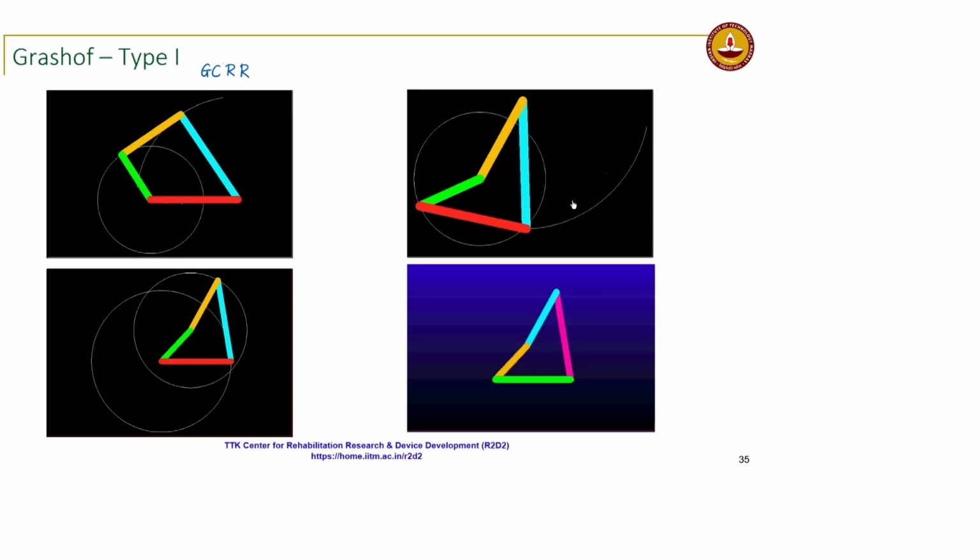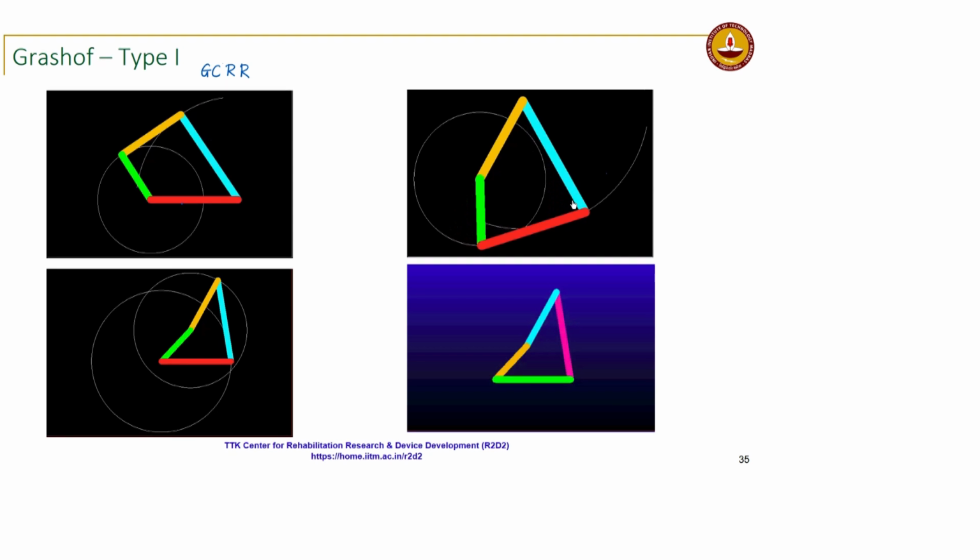So, these two still give me crank rockers, either side of the shortest link if I fix I get crank rockers. So, they are called non-distinct inversions because the nature of the inversion is non-distinct. Although if you look at the output motion, the rocker here moves, this is the motion of the rocker, here this is the motion of the rocker, but they are still called non-distinct inversions.